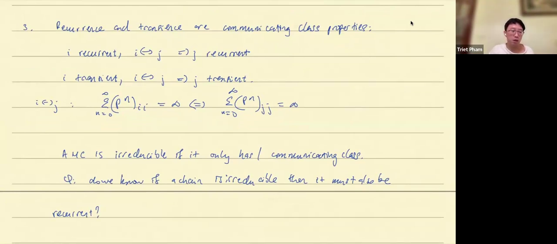What does that mean? Because transient has the sense of escaping, but if you only have one class, what are you escaping into? So is it true that if a chain is irreducible, then it must be recurrent? No other choice?